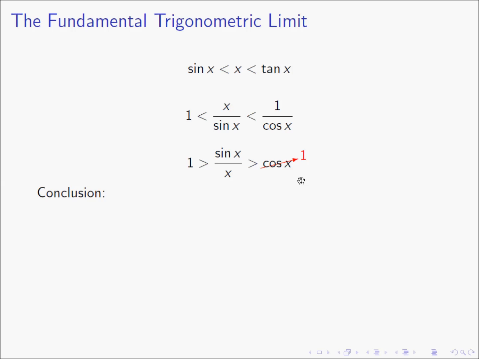And here we apply the squeeze theorem and use the fact that cosine of x approaches 1 when x approaches 0. So sine of x over x becomes squeezed between these two functions that approach 1, so it must also approach 1. And this is a very important limit that will allow us to calculate all types of trigonometric limits.